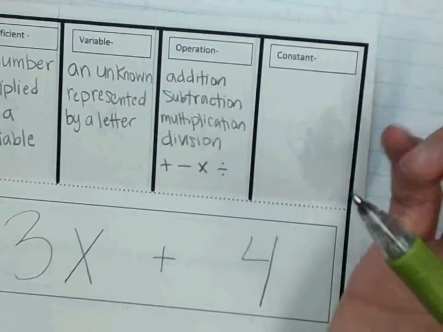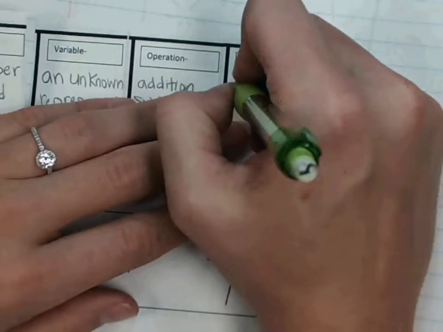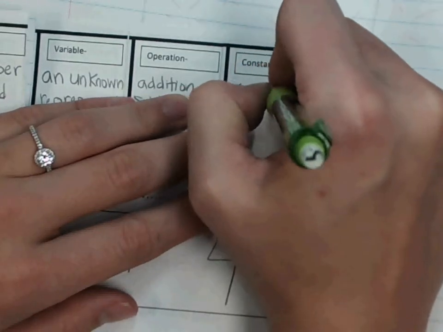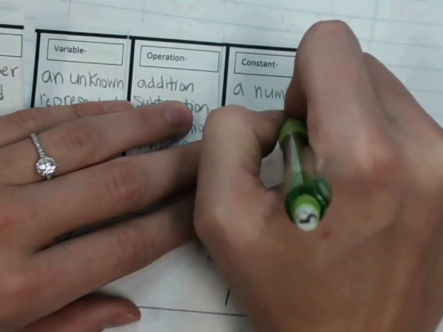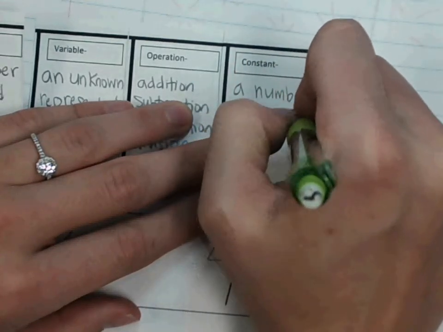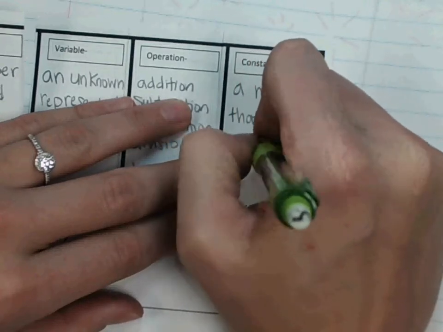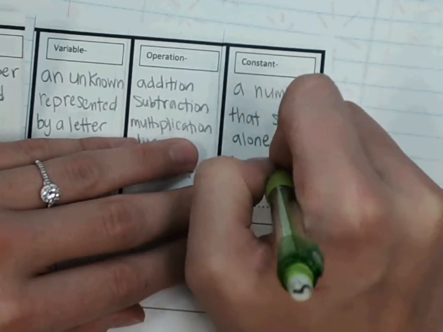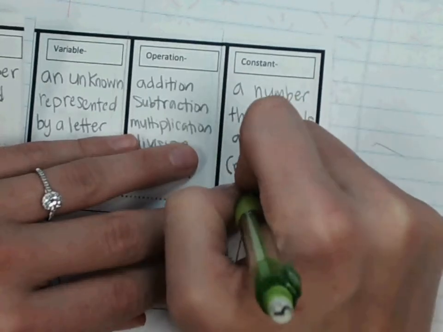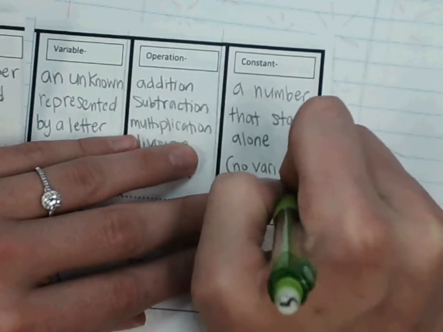And then you have a constant. A constant means it always stays the same, so nothing's being changed to it. So what a constant is, is a number that stands alone. And in parentheses, I want you to put no variable next door.